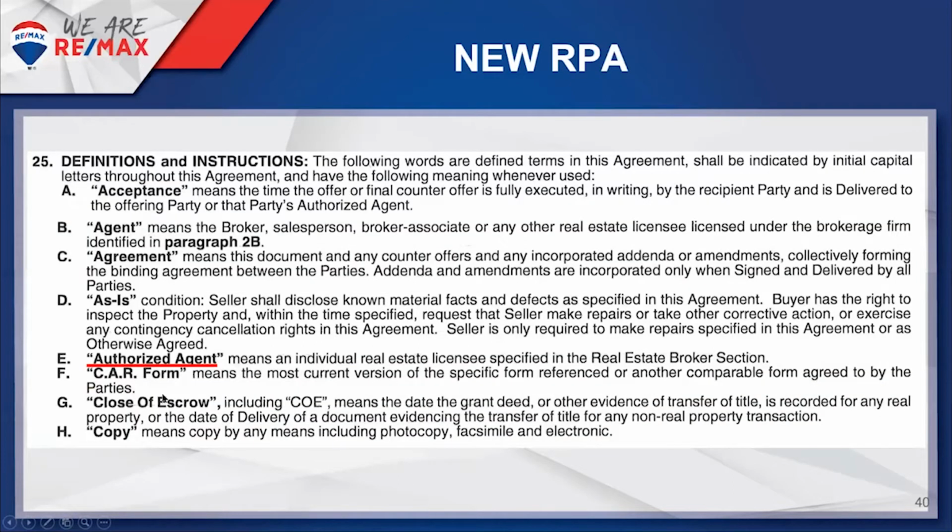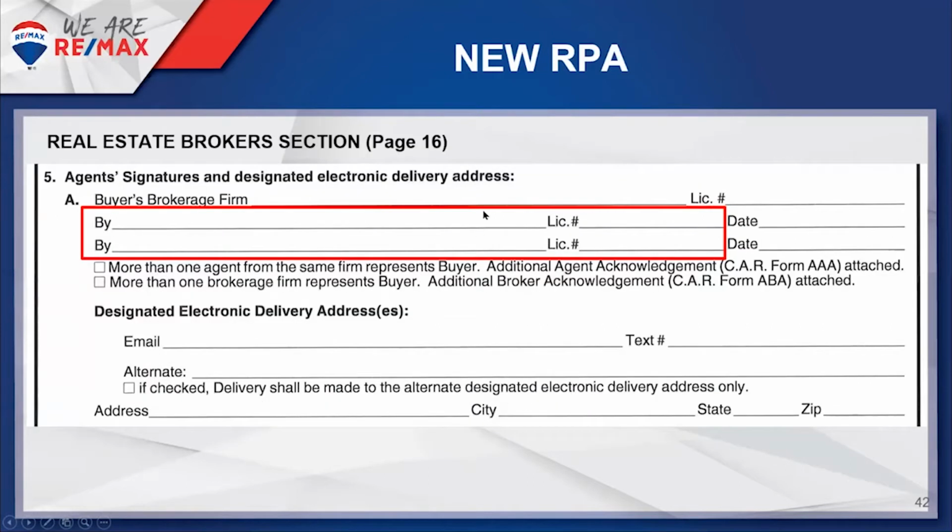So the authorized agent means the individual real estate agent, licensee, specified in the real estate broker section. That's at the end of the RPA. The real estate broker section looks like that. And so the buyer's brokerage firm is named up on the top line, above my red box. And then the individual agent working with the buyer, there's two of them, two agents, they're identified.